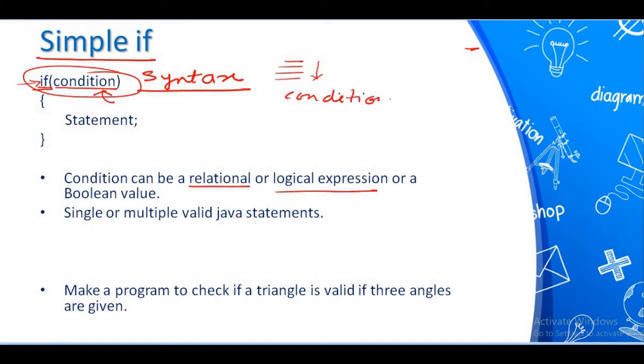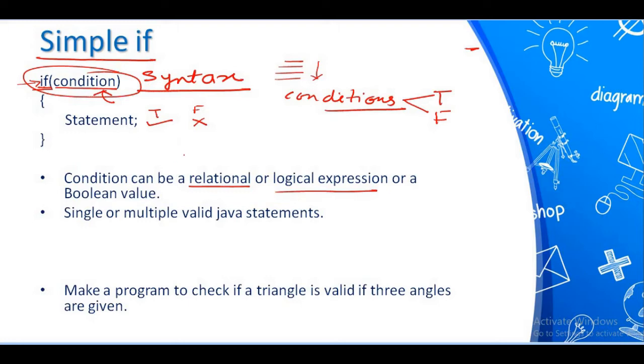There are two possibilities with this condition: either the condition will be true or the condition will be false. If the condition is true, then this statement will be executed. If the condition is false, the statement will not be executed. Got it? So this is the basic function of if.